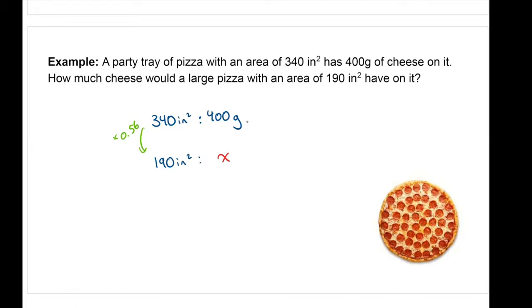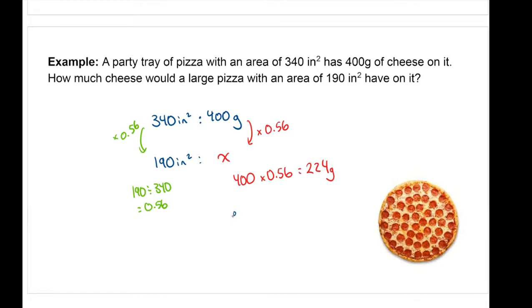I'm going to have to do the same thing on the other side. If I multiply 400 times 0.56, I end up with 224 grams. So the math was 190 divided by 340 equals 0.56, which is what I multiply by.